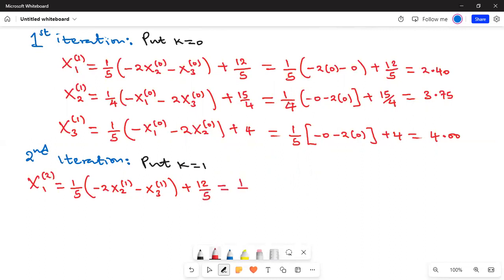Replace the values, that's 1 over 5 negative 2. x2 at level 1, we already found it. It's this value here, 3.75. Minus x3 at level 1, that was 4.